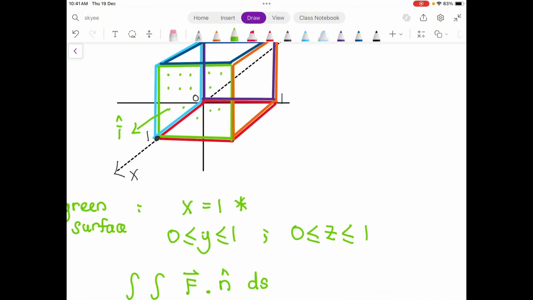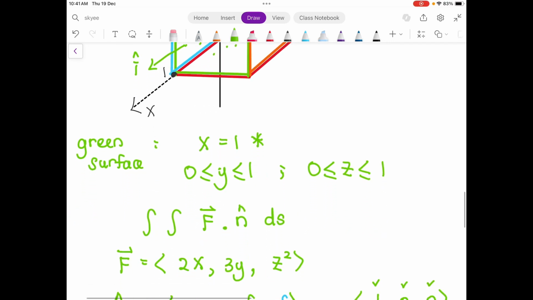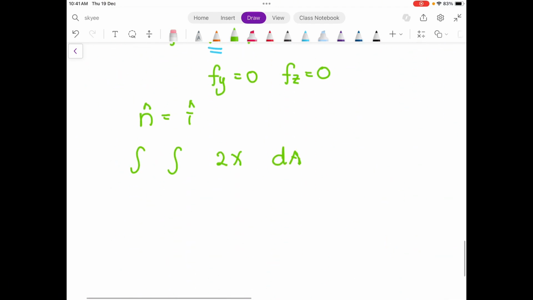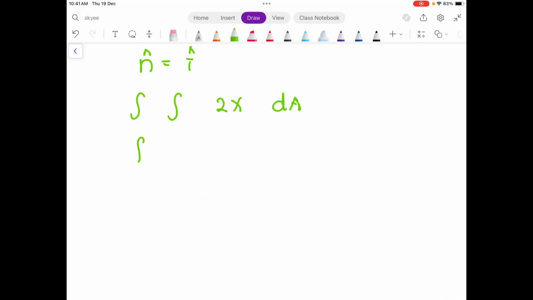As I already explained, for the green surface we have y from 0 to 1 and z also from 0 to 1. So the integral is from 0 to 1, 0 to 1, of 2x dy dz. The x over here you can replace with 1, because this is the surface x equals 1, so it becomes 2.